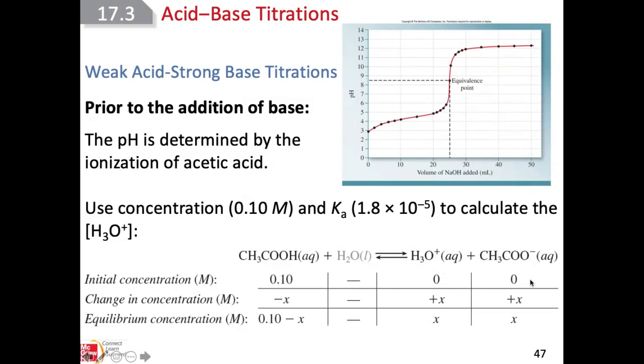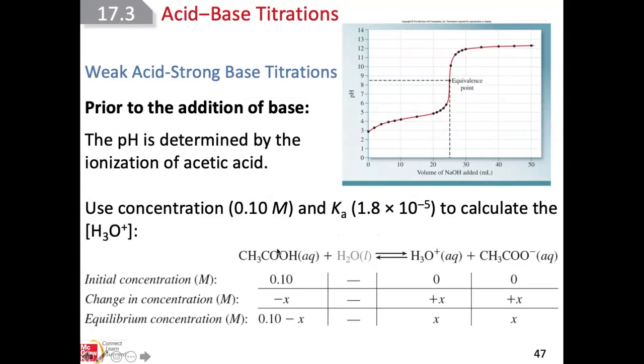I do not have initially the products. That means the reaction will shift to the right, minus x. That amount of the acid has to be consumed. This is how much of the hydronium ion and conjugate base will be formed. And this is the equilibrium concentration, so just adding those two components together.